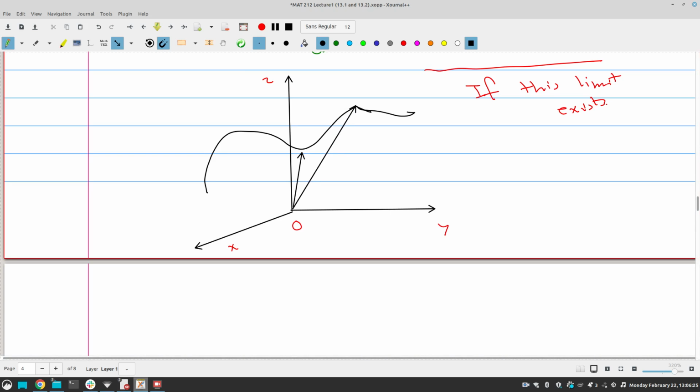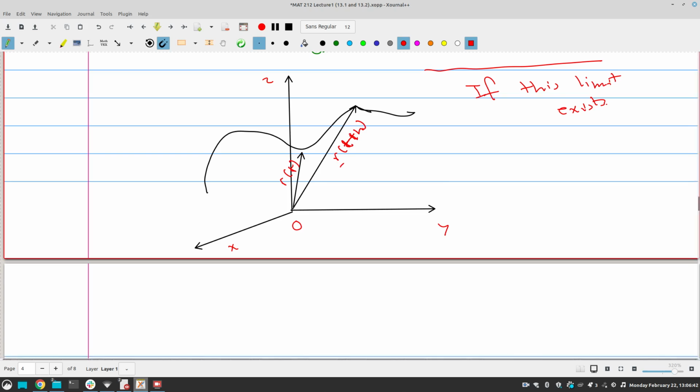So at t, the curve is here, this vector is r(t), and this vector is r of t plus h.